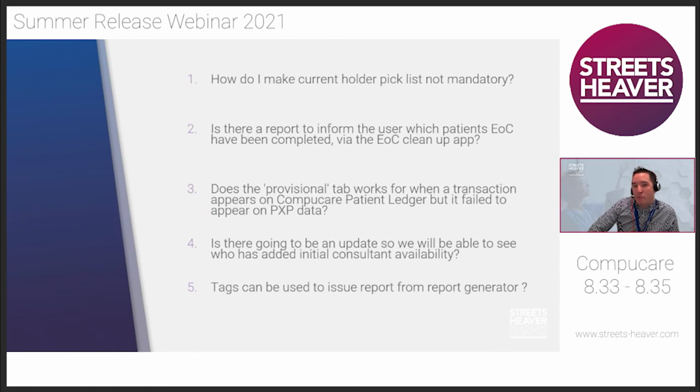It doesn't currently give you a printed report of that. It would be possible from the report generator to run a report on that episode of care cleanup reason that I had, so assumed complete in my example, and over a particular date range, so you'd be able to pick them up from there. Otherwise, the system is keeping an audit of that information as well.